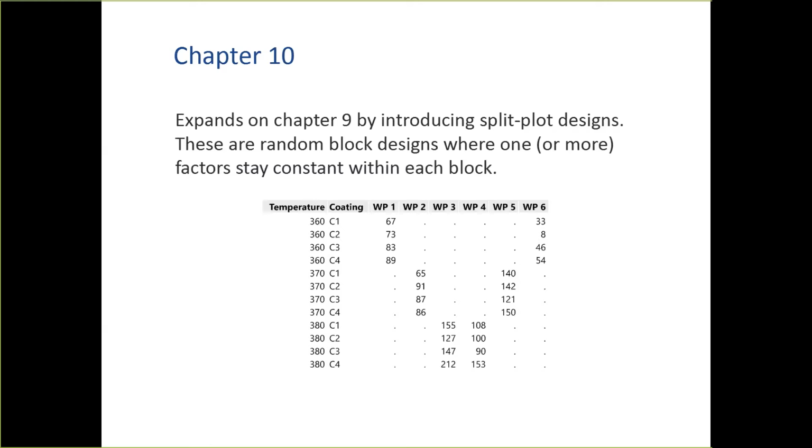And then we take our easy to change factors and put them in subplots or split plots within the whole plots. It turns out that these are random block designs, and your hard to change factors stay constant within the blocks. And constructing these designs using an optimal design approach is really the best way to create these split plot designs.